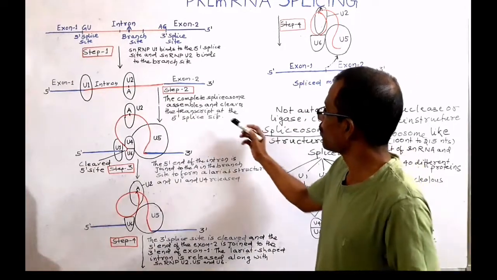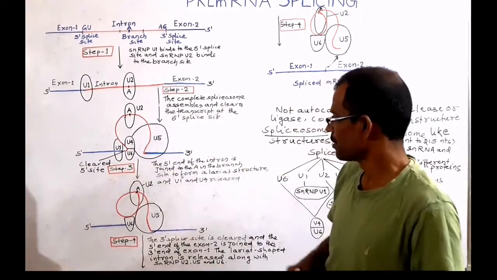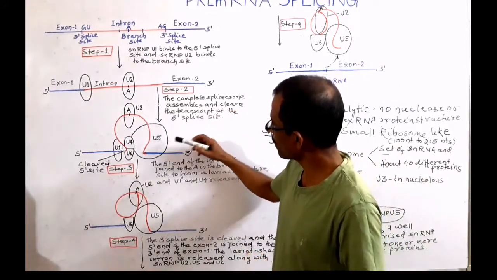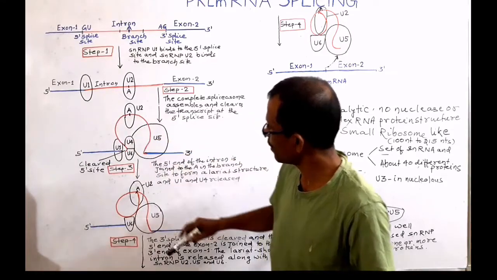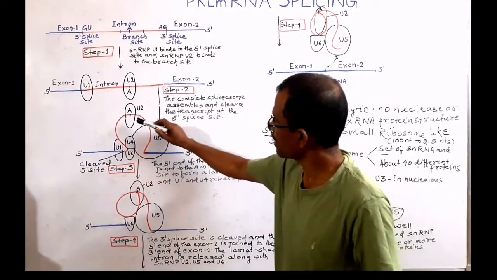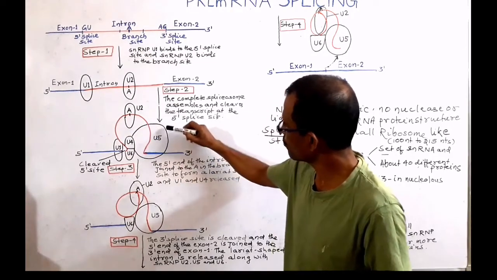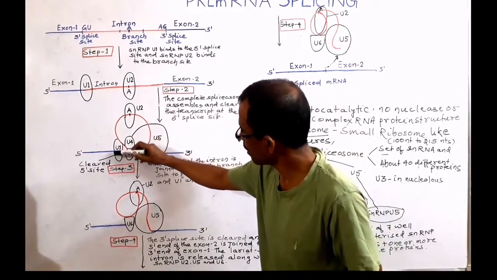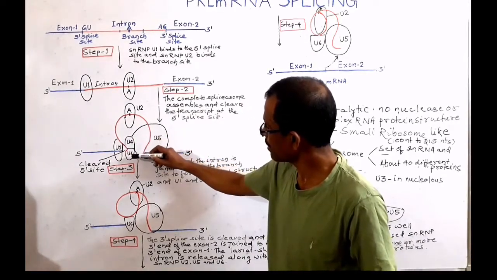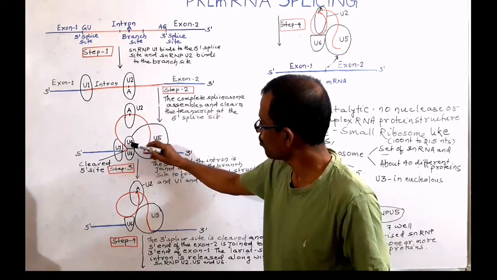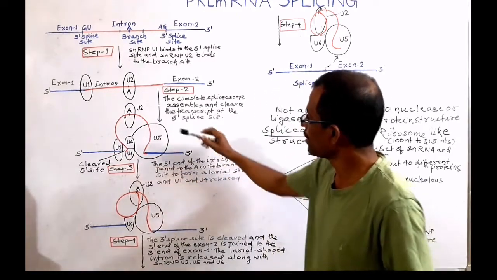In step 2, the complete spliceosome is assembled. This complete spliceosome contains 4 different snRNPs. One is snRNP-U2, snRNP-U5, snRNP-U1, and another snRNP that is composed of U4 snRNA and U6 snRNA.